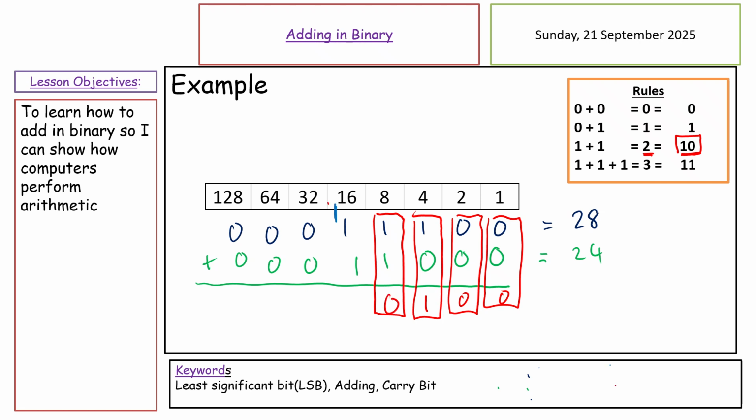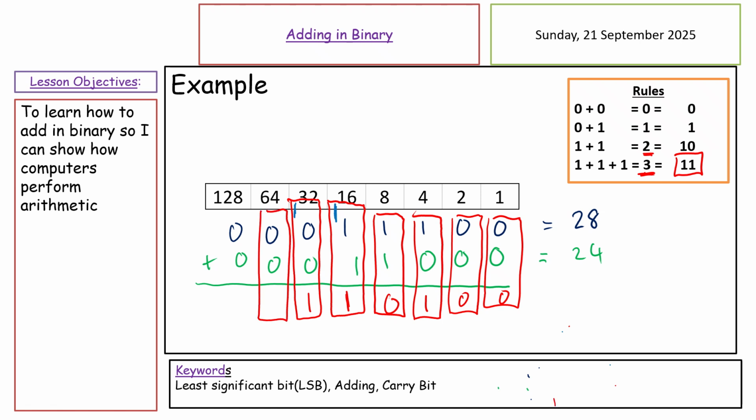Now I've got this column, which has got 1 plus 1 plus 1, which in normal maths would give me 3, and 3 in binary is like 11, because you've got the 2 on and the 1 on, which make 3. So that's 1, and then I carry my 1, and now I've got 1 plus 0 plus 0, which is 1, and then my final columns, I've got 0 plus 0.